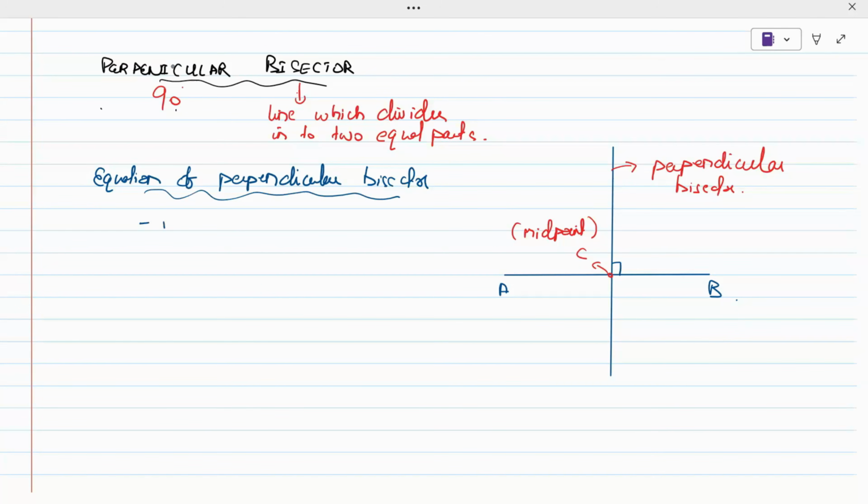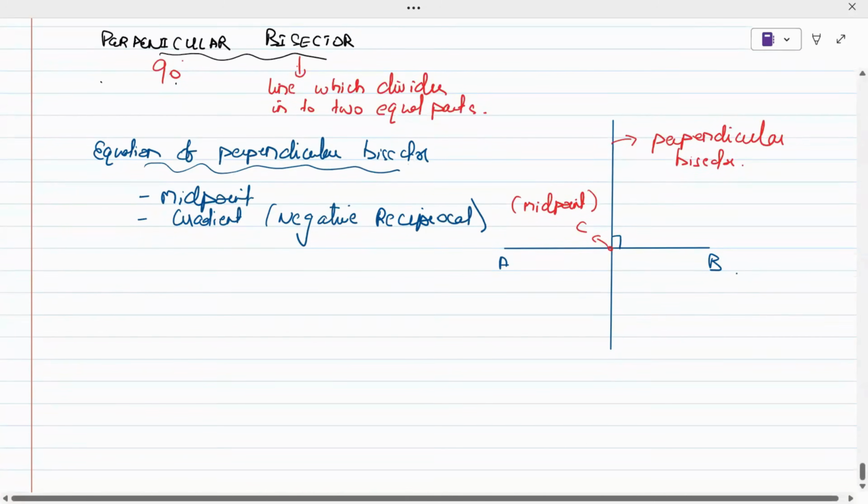First thing, the midpoint. Second thing, you find the gradient of the given 2 points and make it the negative reciprocal. Let's do an example.